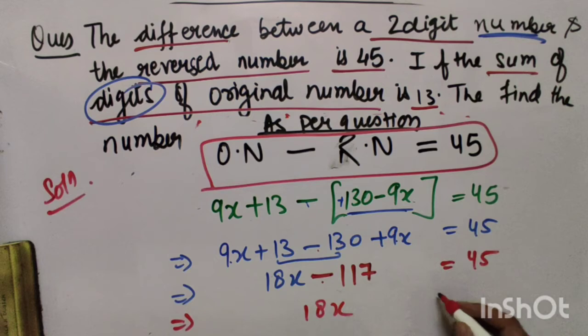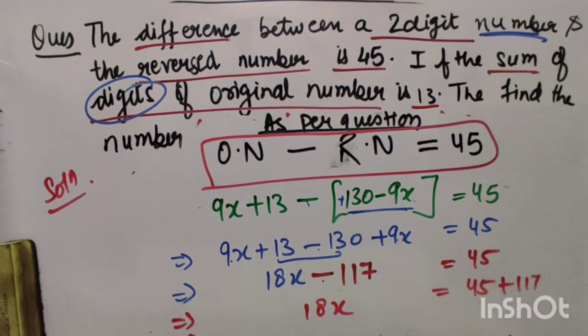Let the variable stay here and get the constant number on this side. So now we have to transpose. The variable will stay on this side and the constant will be transposed to the other side. Now when we add this, we get 162.